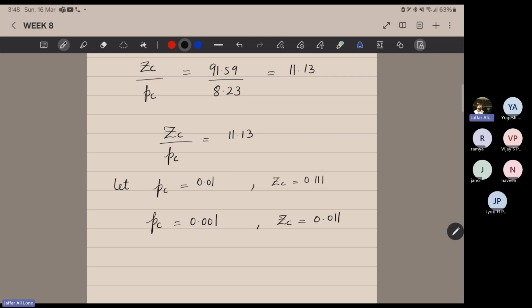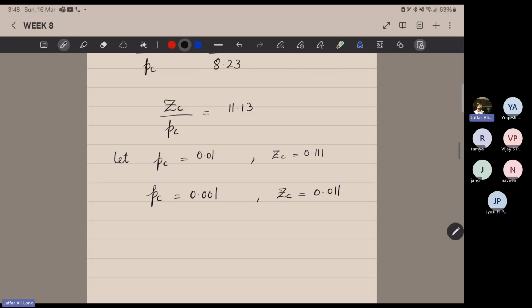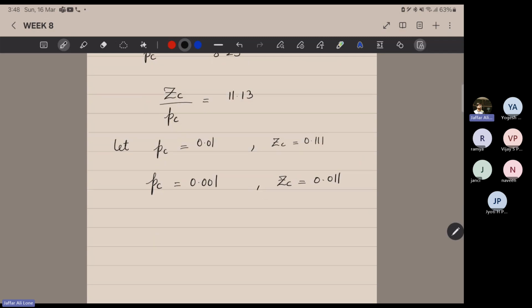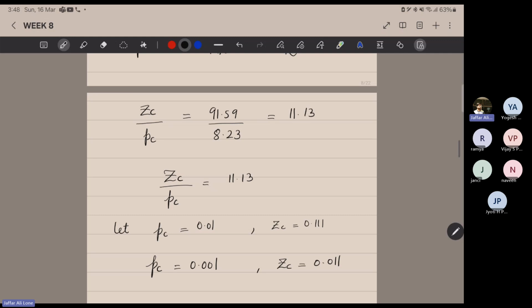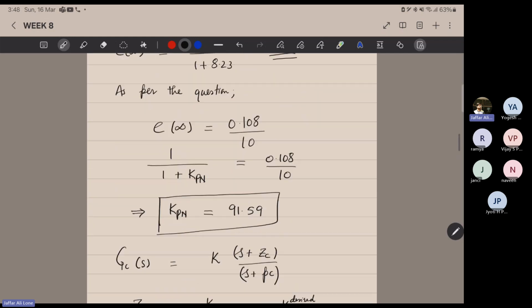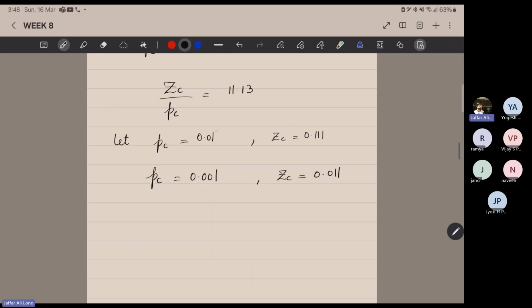The ratio is the same, but again, I told you there will be different behavior in the transients. So for the same lag compensator, try using this combination: PC equal to 0.01, ZC equal to 0.111, then PC is 0.001, ZC is 0.011, and see the effect in the step response.